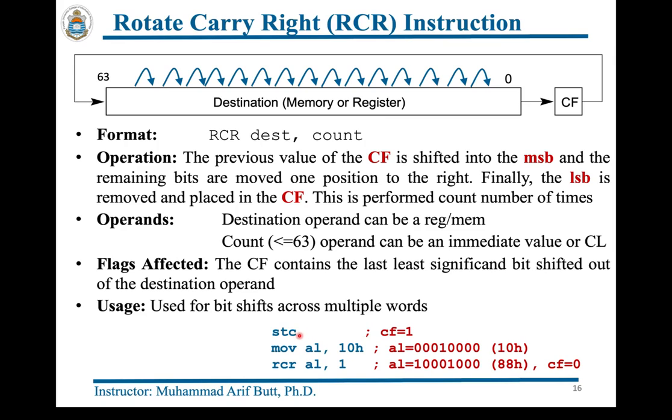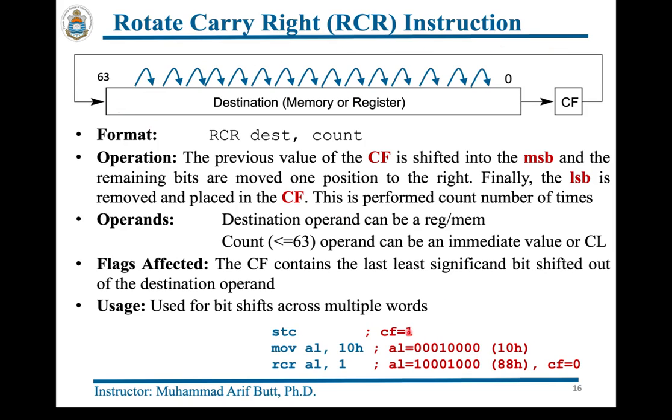This STC instruction sets the carry flag. Move AL comma 10 hex places a 10 hex value inside the AL register, shown in binary over here, 1 and this 0. And once you perform a RCR, rotate through carry right, on the contents of the AL register, the previous contents of the carry flag, this contains 1, are pushed from the most significant bit side.